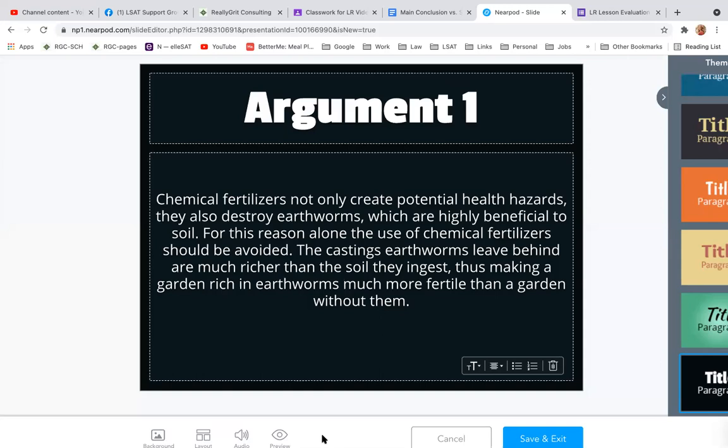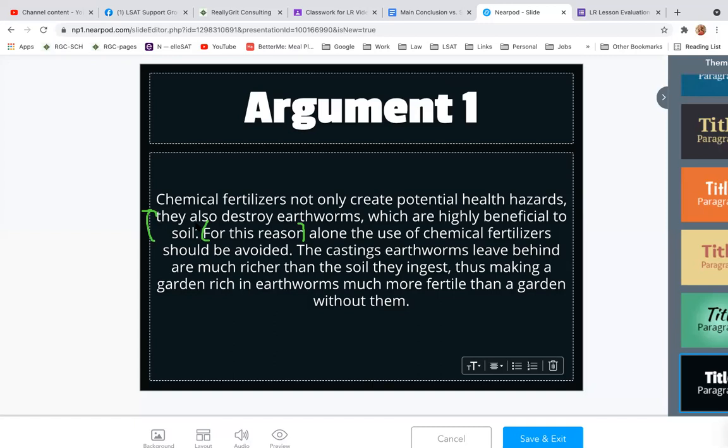For this reason, so I'm already paying attention to this, and I'm like, what are we referring back to? For this reason alone, the use of chemical fertilizers should be avoided. The castings earthworms leave behind are much richer than the soil they ingest.